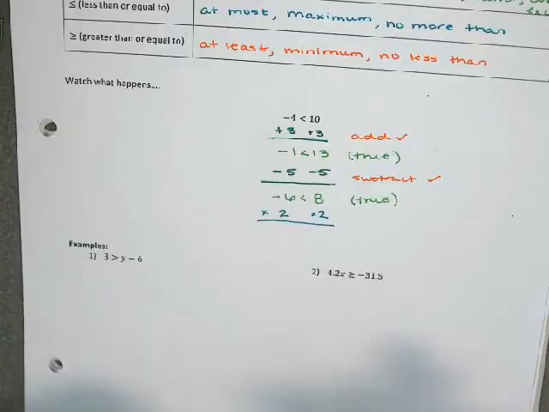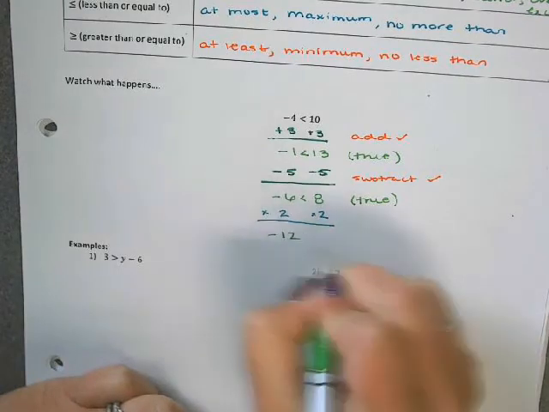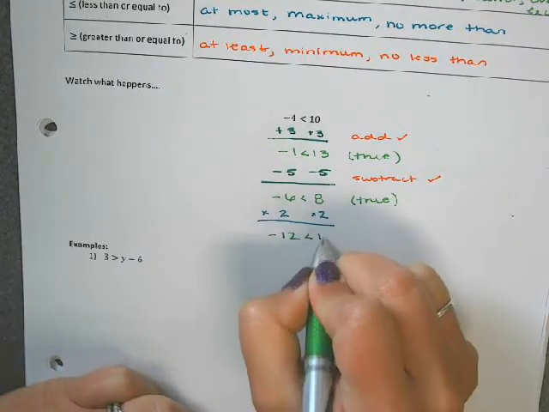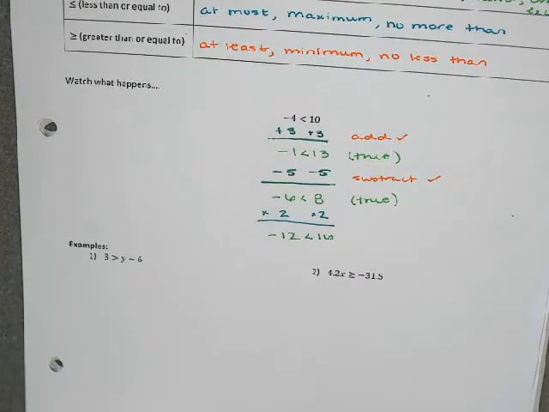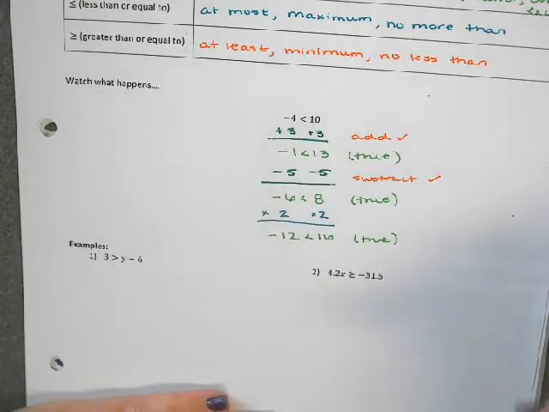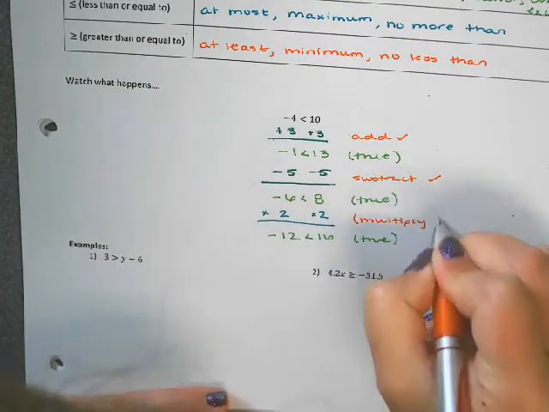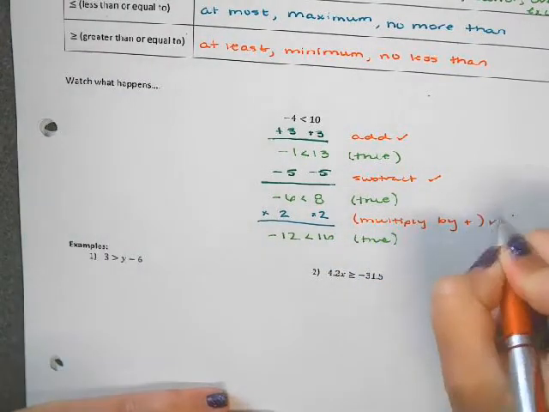What do we get if we multiply both sides by 2? -12 is less than 16. Did that work? Is that still true? Yeah. So we can multiply by a positive number. That worked.